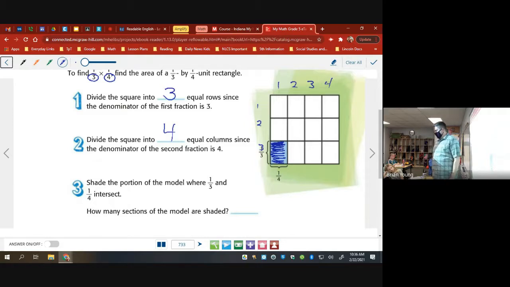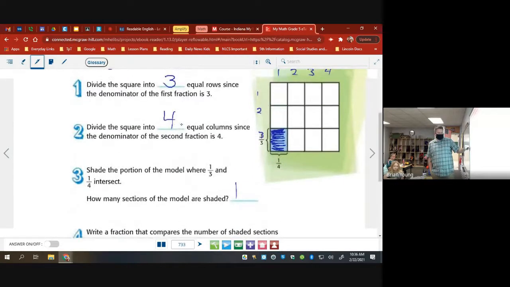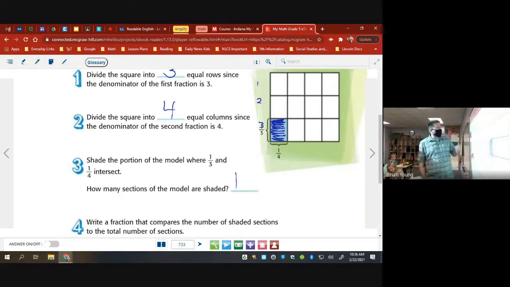How many did I shade right there? 1, right? I shaded 1. Put a 1 right there. Now, we're going to shade in the fourths, okay? We're going to shade in 1 out of the 4. So we shaded in 1 out of the 4, right? So we only shaded in 1 square.